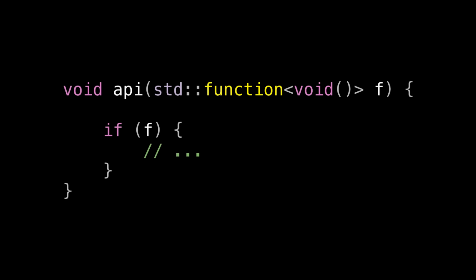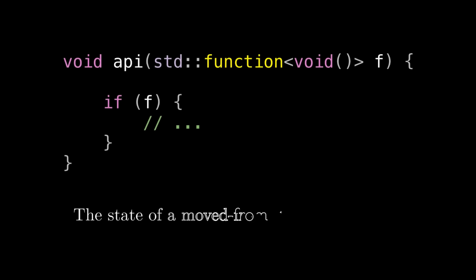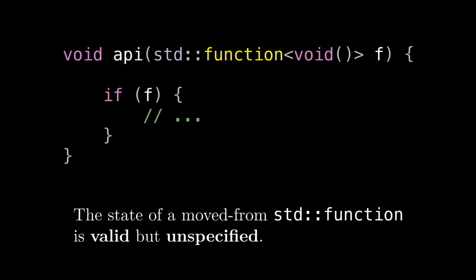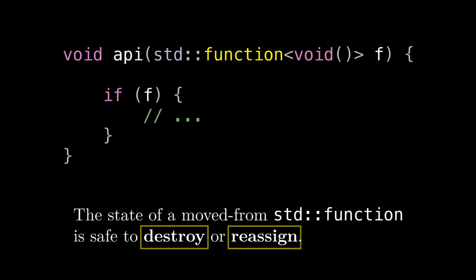There is a push in the C++ committee, led by Sean Parent and others, to weaken this guarantee, to make it so that moved from objects aren't necessarily in a valid state. They're just in a state where you can destroy or reassign them. This mitigates the issue a bit. While I don't love the idea that that means that a moved from std function is radioactive and possibly invalid, it would at least mean, hypothetically, that I don't need to guard against empty functions in arbitrary APIs, because I would know that a valid std function is not empty.